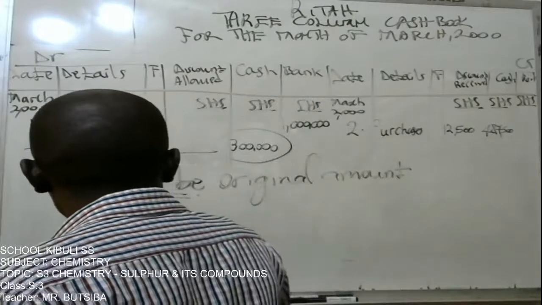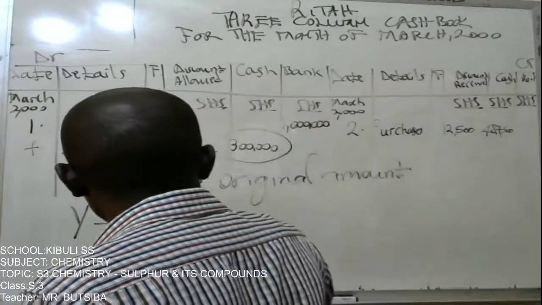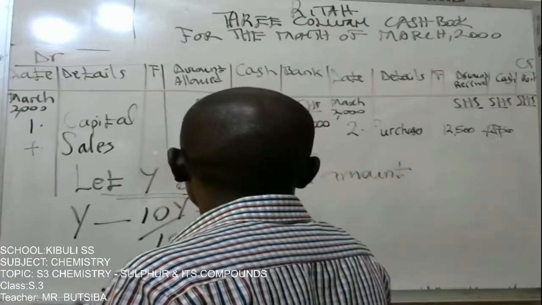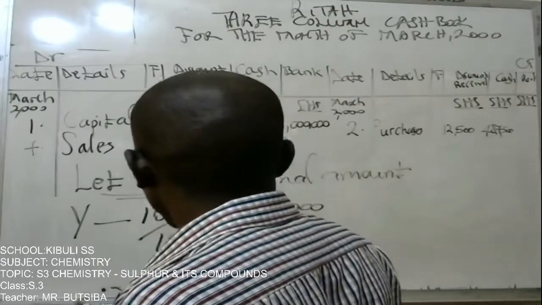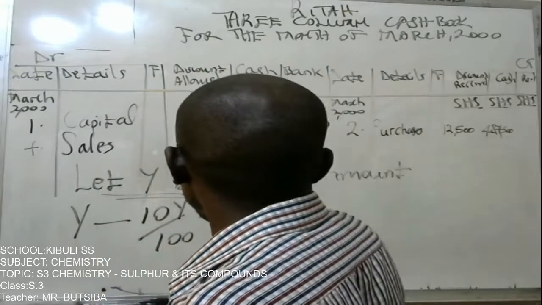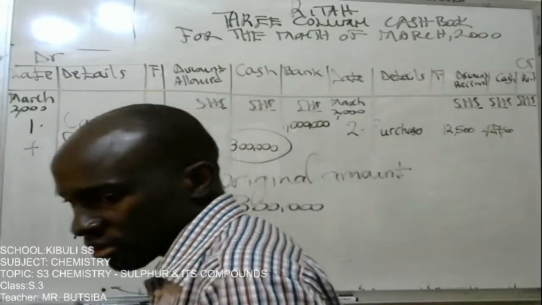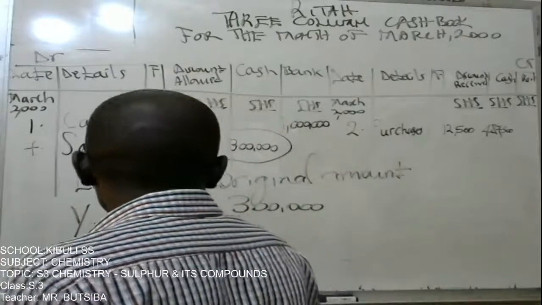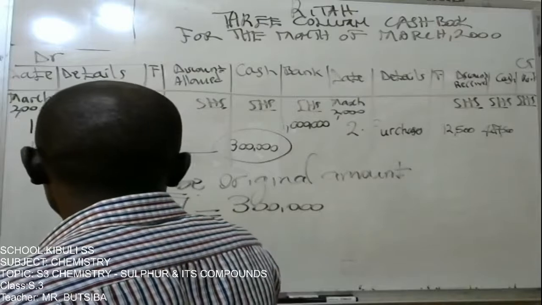The discount is 10% of Y. It gives you a balance of 300,000. So mathematically, here you can now identify Y, so that once you get Y, you subtract this, then you come up with the discount issued. So you have your 100 as the LCM. That means you have here over 1.